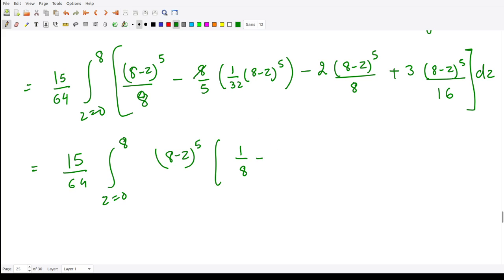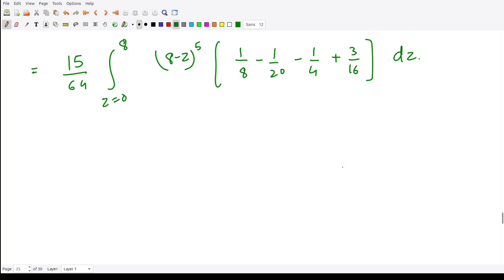So it would be 1 by 20 minus 1 by 4 plus 3 by 16, right? Okay, so the final answer here is 128. You could solve this one. This integration is very simple, right?